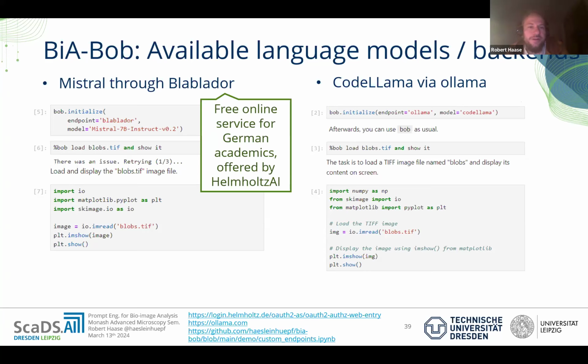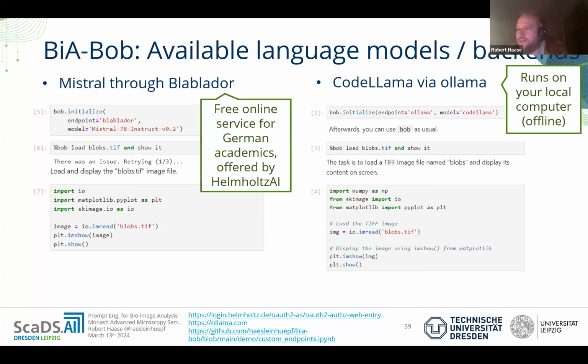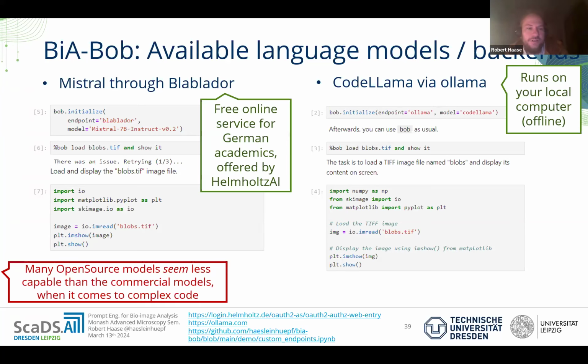You can use this publicly available infrastructure, for German academics, unfortunately. You can also use Ollama here on the right to run a model locally. There's a lot of development recently, and we will further develop these things, but you do not have to stick to the ChatGPT infrastructure and upload your data there. You can also run this entirely locally in your private space with these open source technologies.